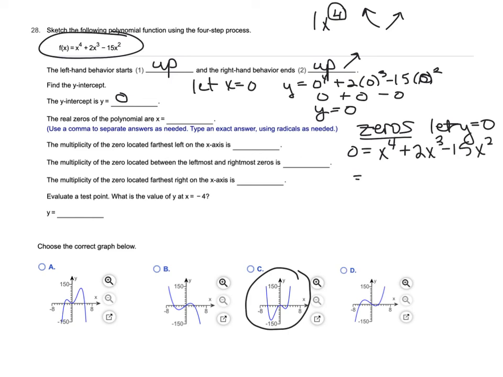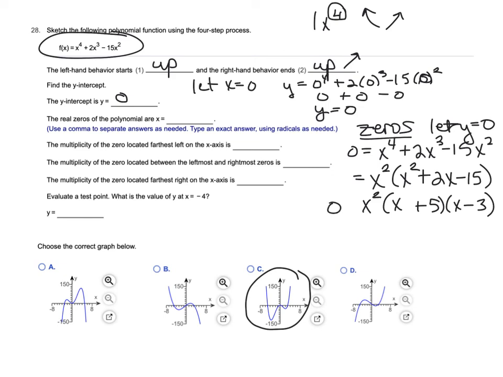Okay, if I factor it and bring out an x squared, that leaves x squared plus 2x minus 15. And look, this should be able to factor for you. 5 times 3, so it did factor. So if you're solving that, you have 3 possible zeros. For the first one, x squared equals 0, you just set it equal to 0.